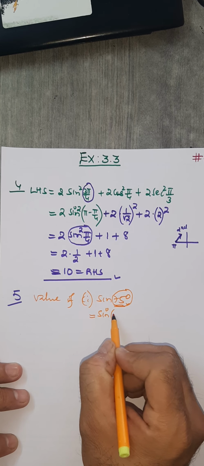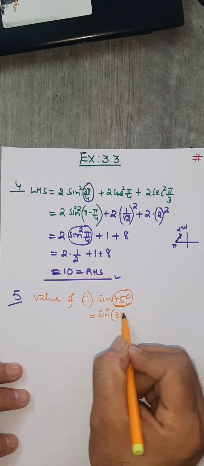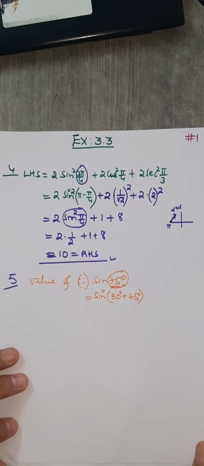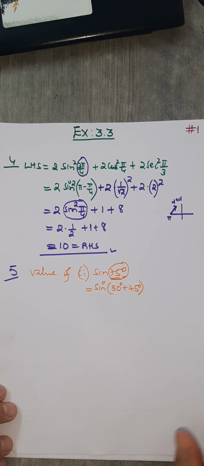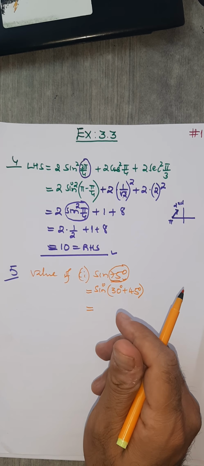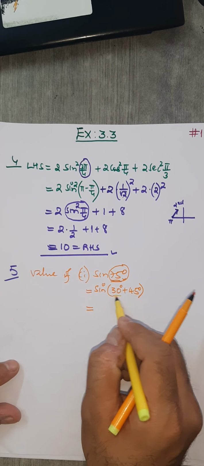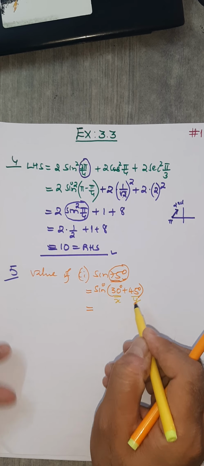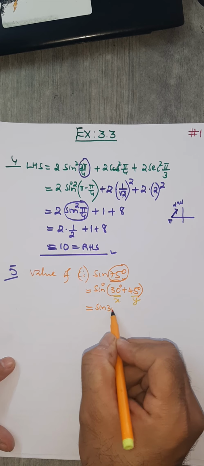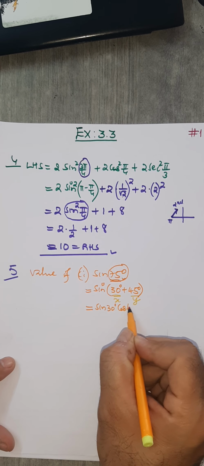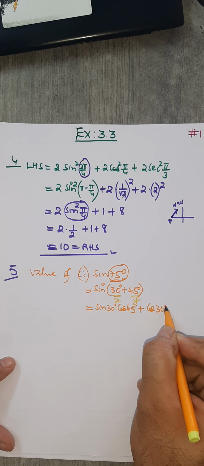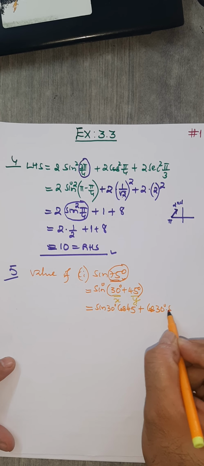So you can write, for example, 30 plus 45. You know that these are standard values. Now I'll use the x plus y formula. You take this as x and this as y, and I'll use the sin x plus y formula. What is that? Sin x into cos y plus cos x into sin y. You know this, which formula? Addition formula.